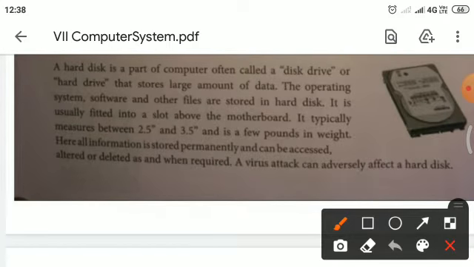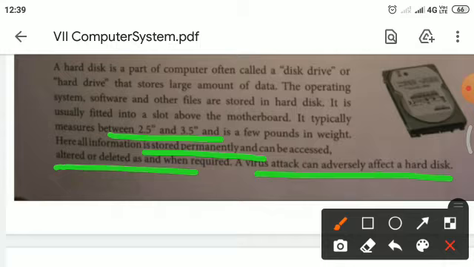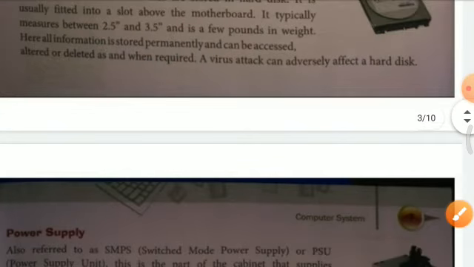The hard disk typically measures between 2.5 and 3.5 inch, students, and it stores the data permanently and can be accessed, altered or deleted whenever it is required. And a virus attack can adversely affect a hard disk. And students, you can see in the diagram, this is the hard disk, and that is placed in your computer.